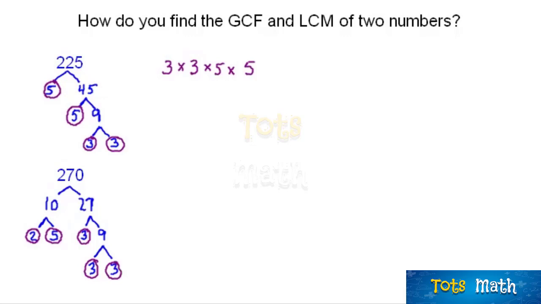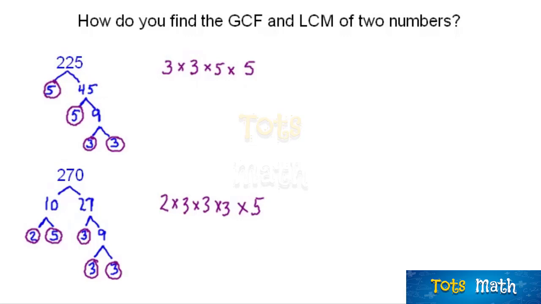So the prime factorization of 270 is 2 times 3 times 3 times 3 times 5. So now I've found the prime factorization of each number.